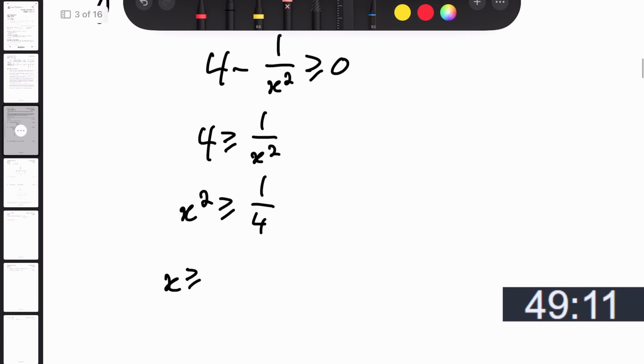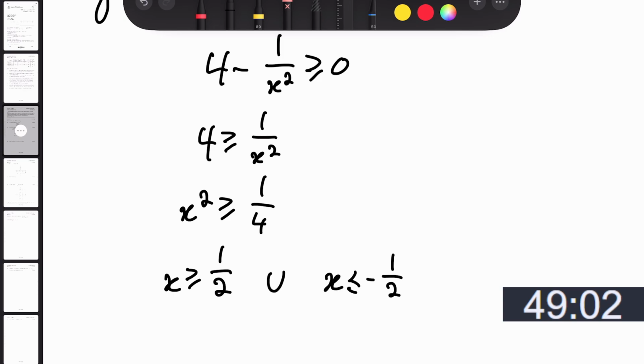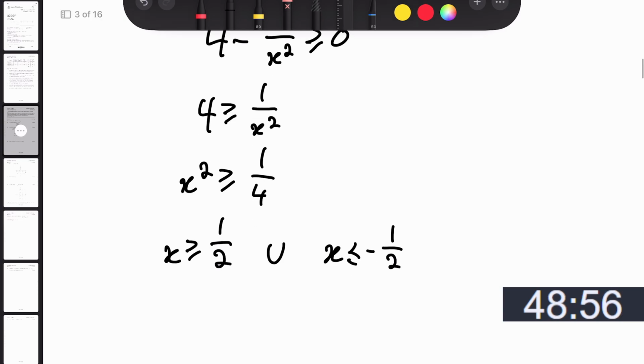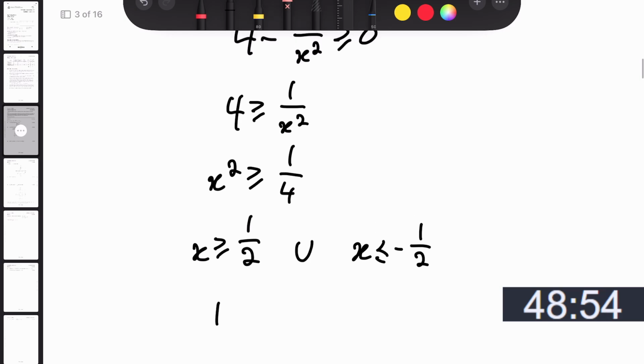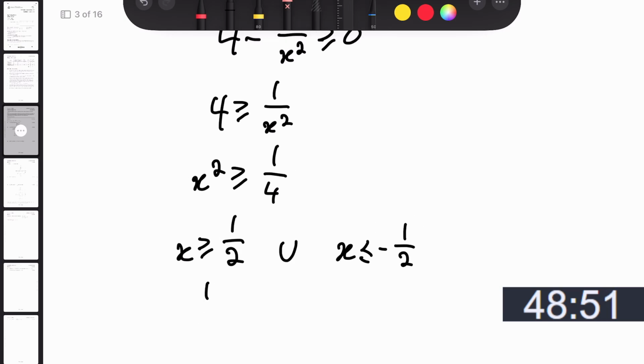So then x must be greater than or equal to 1 on 2, or x must be less than or equal to negative 1 on 2, I believe. Let's say it's 1. Obviously 1 squared is greater, but if it's like 1 on 3, 1 on 9, it's not greater.